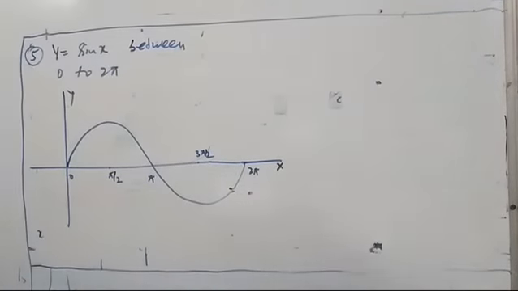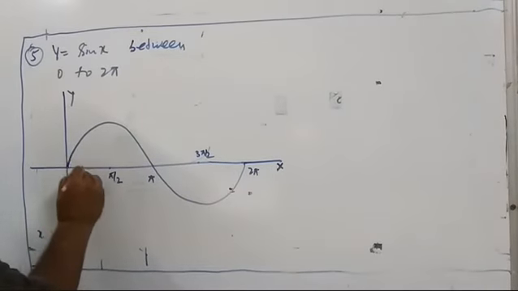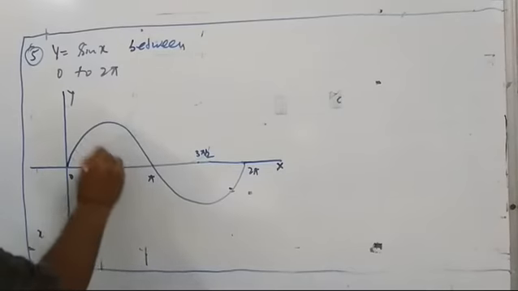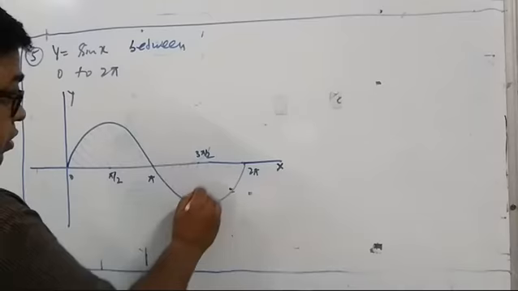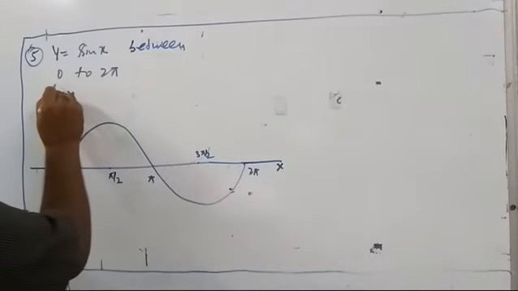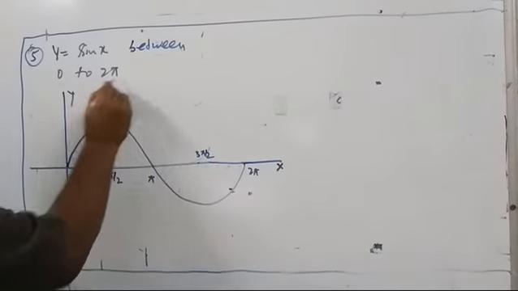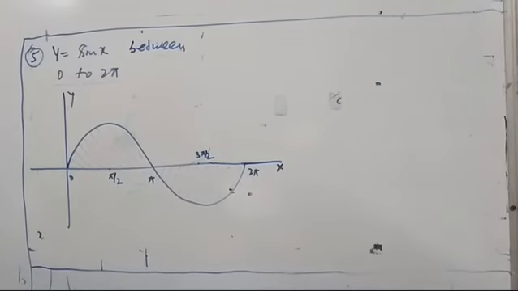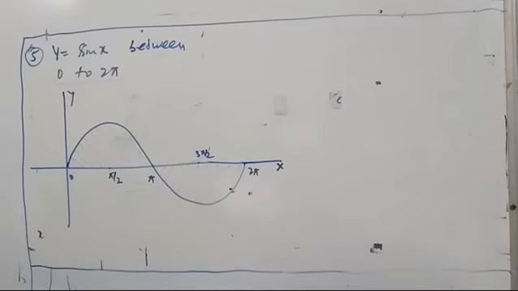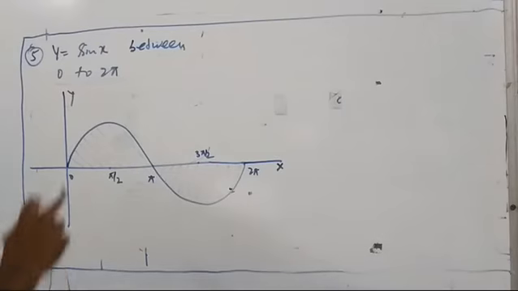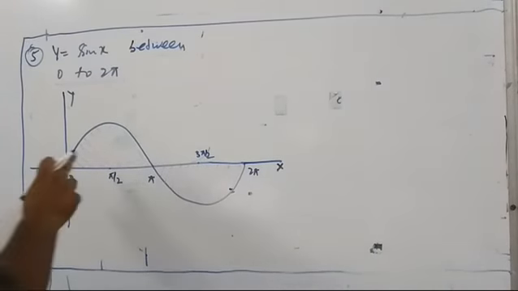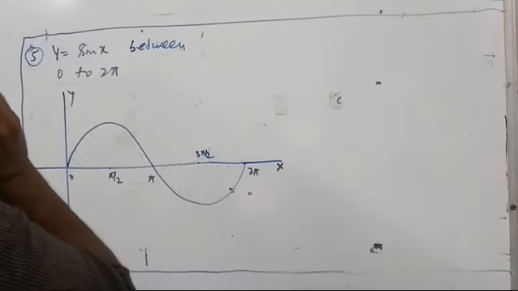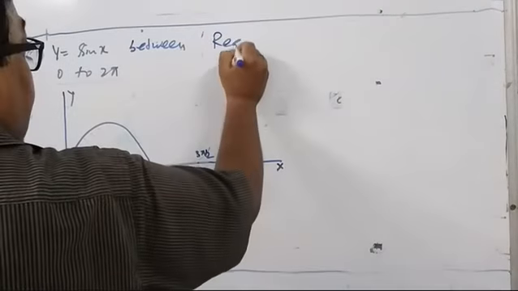We have to find the area of this portion and also this portion, because the limit is given between 0 to 2 pi. We can see that these two portions are very symmetrical, so we can find the area of this portion only and take twice the required area.